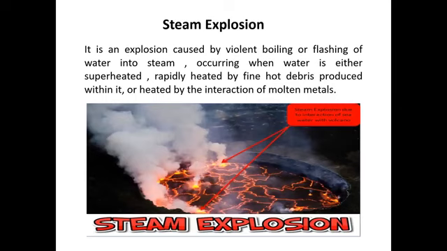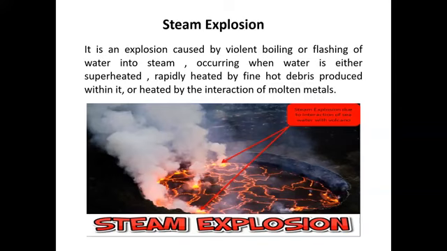This occurs when water is either superheated, rapidly heated by fine hot debris produced within it, or heated by the interaction of molten metals. So it may occur in industry. That is the idea regarding steam explosion.